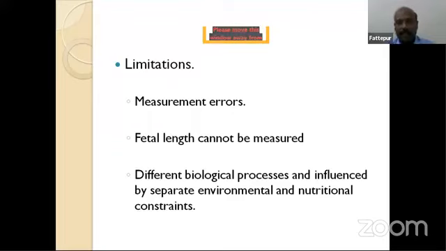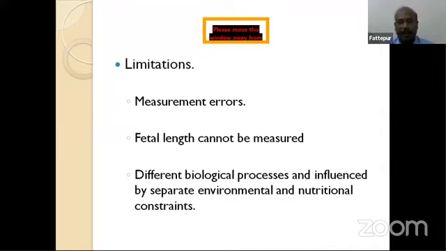There are measurement errors, because if we take the anthropometric measures, the likely weight of the child is always different for different radiologists. The fetal length, which is one of the important measurements of anthropometry, cannot be measured because the child will be in the flexed position.